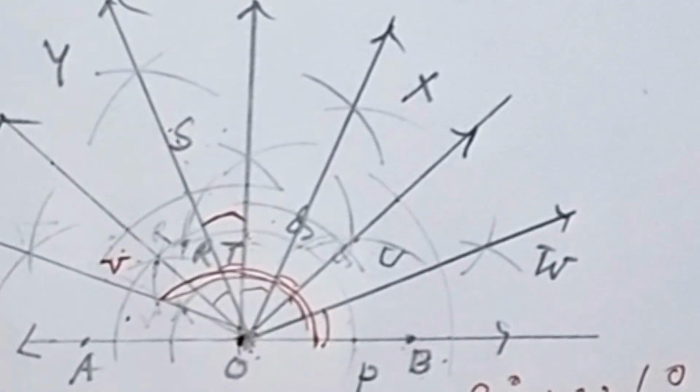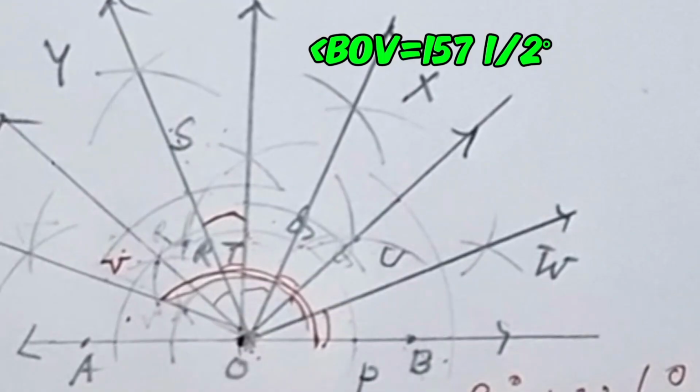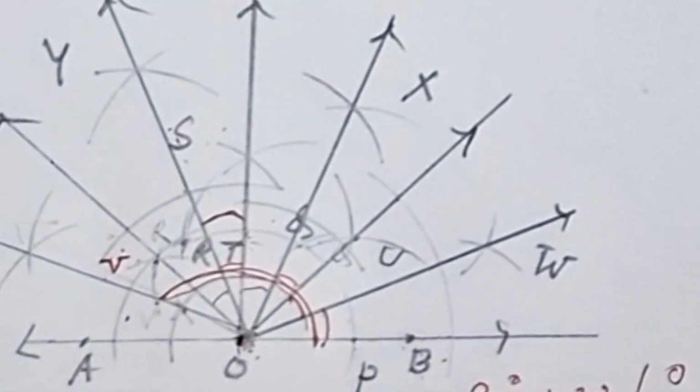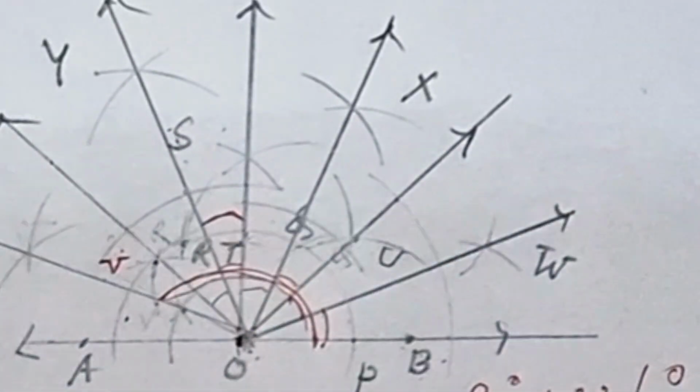Angle BOV is equal to 157.5 degree. So in this way we construct 7 angles: 22.5 degree, 67.5 degree, 112.5 degree, 157.5 degree, 45 degree, 90 degree and 135 degree at a time.